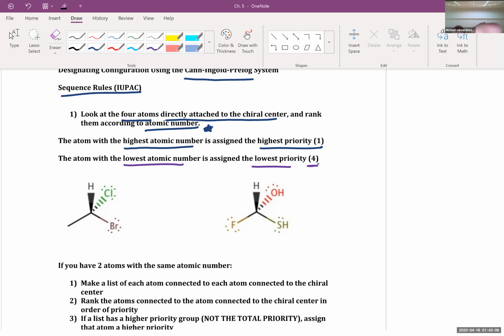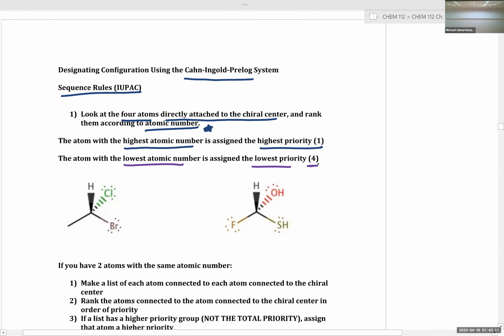As an example, looking at our atoms, we have carbon, chlorine, bromine, and hydrogen. What's the highest atomic number atom attached to this central carbon? Bromine, yep. So bromine would get a 1, chlorine would get a 2, carbon would get a 3, hydrogen would get a 4. Perfect.